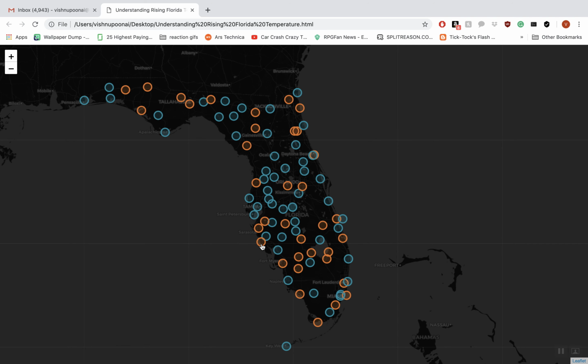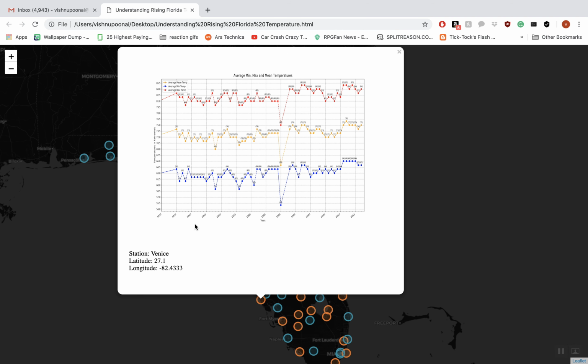So for our deviation period based on the data we got from the stations, we chose from 1950 to 1990 as our first period, and we calculated the deviation of change on that period, and then we compared it to the deviation of change on the period of 1991 to 2018, which was last year.